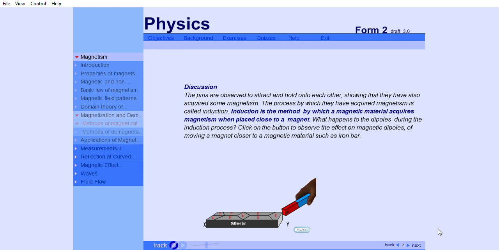What happens to the dipoles during the induction process? Click on the play button to observe the effect on magnetic dipoles of moving a magnet closer to a magnetic material, for example, an iron bar.